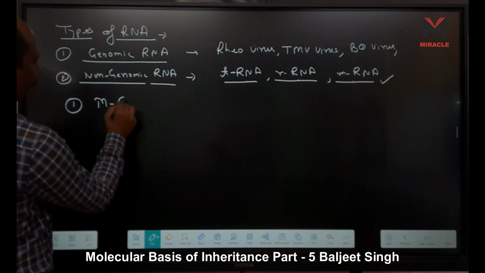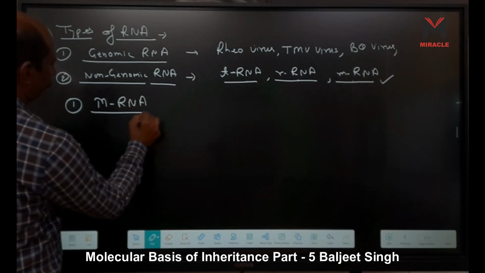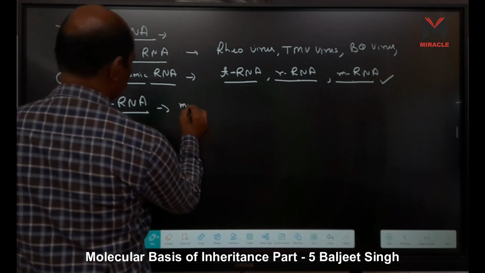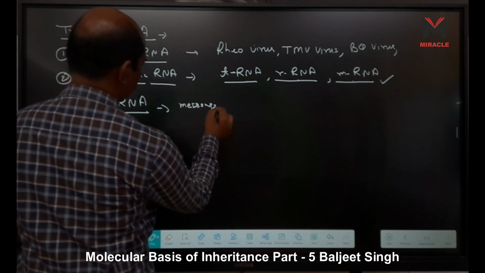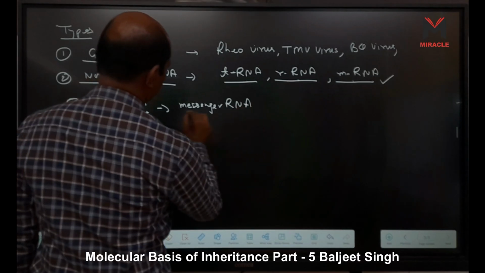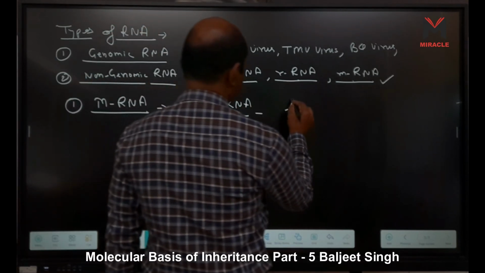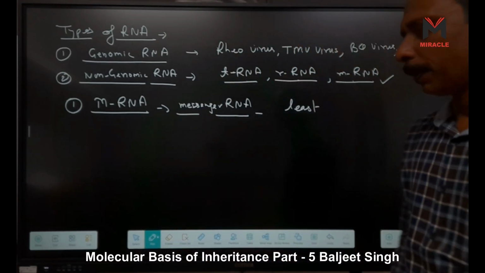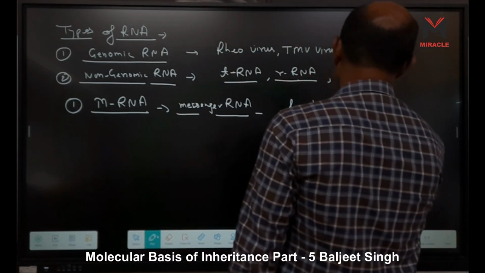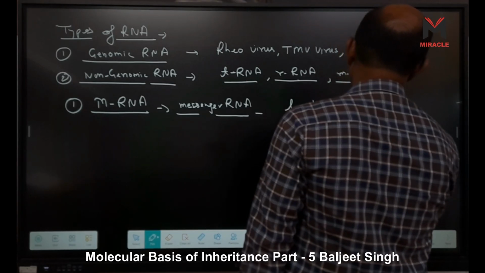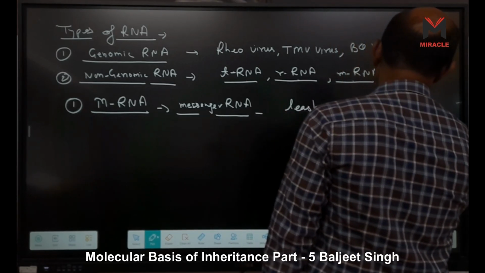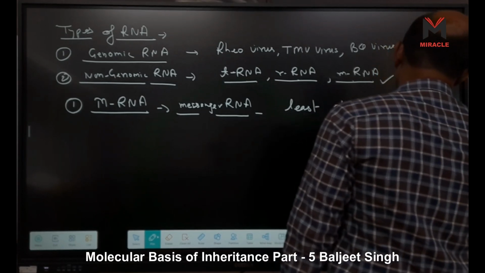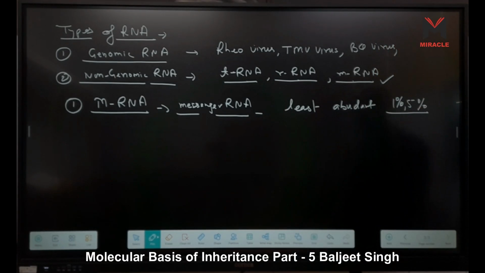So first here we have messenger RNA. Messenger RNA is the least abundant, which means least ratio. Only 1 to 5% of total RNA, right?